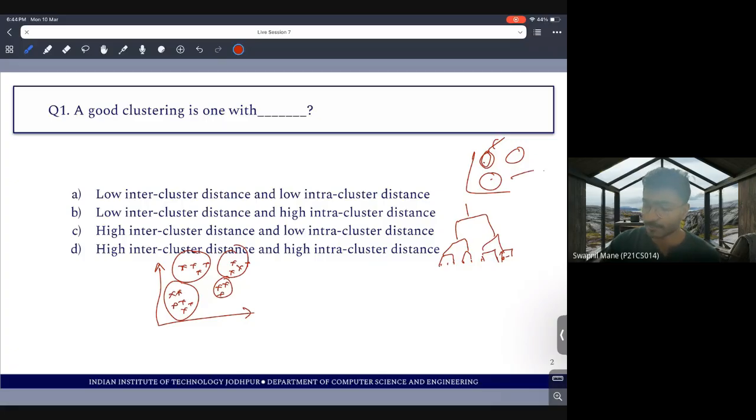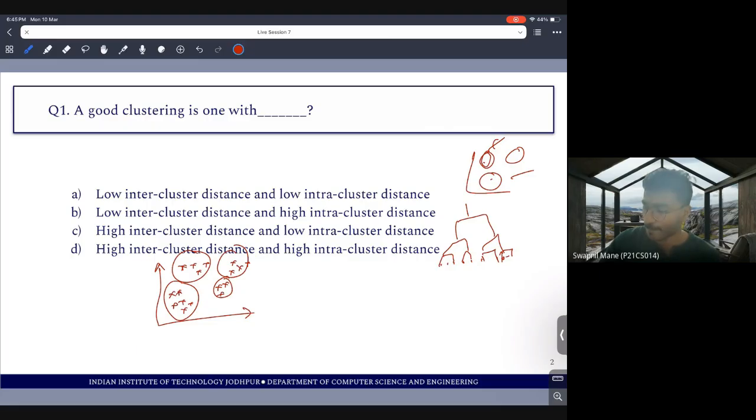So in partition, there are two algorithms we have seen, that is k-means and DBSCAN. And in hierarchical, we have seen two algorithms, that is the bottom up agglomerative and the top down divisive algorithm, right? In bottom up, you first consider all the data points as single clusters, and then you merge them, and at the end you will get a single cluster.